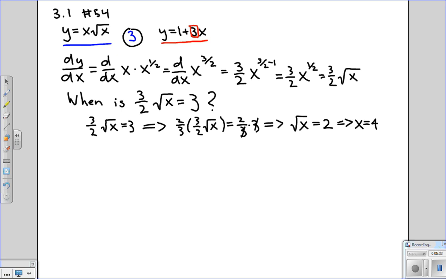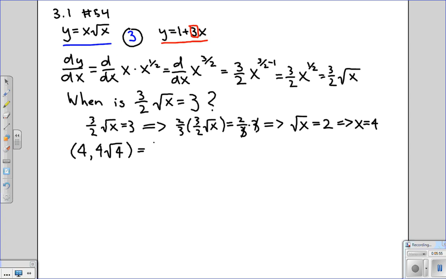So that means at the point 4 times square root 4, right? The reason we write 4 times square root 4 is because our function is x times square root x, and we're evaluating it at 4.